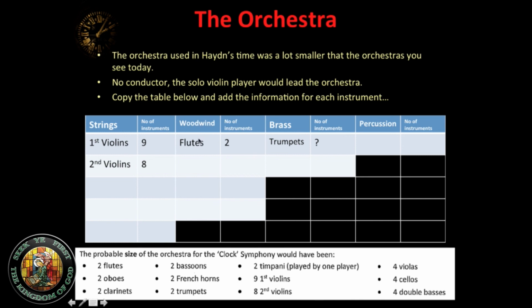Then in the woodwind column, we have the flutes, then we would add the oboes, and so on. In the brass column, we have trumpets, and so on, and then there's one percussion instrument used in the Haydn Clock Symphony. Don't add anything to the boxes that are black. Pause the video while you copy and complete this table.